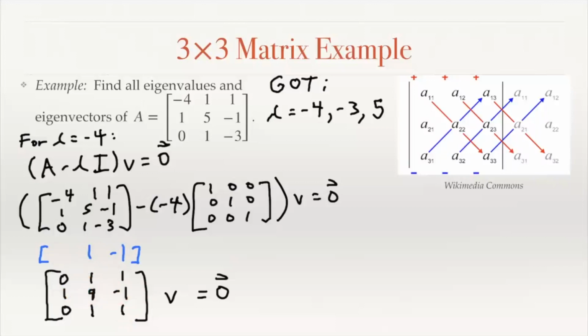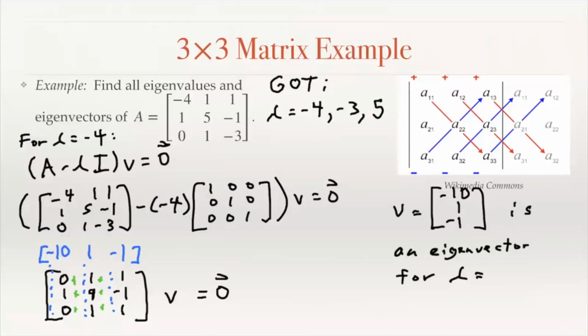And we want to get rid of that, make it a 0. If it is a sum of 10, we need to multiply this 1 here by -10. So when we sprinkle those, i.e. multiply and add across, then it works. And we have that v equals -10, 1, -1 is an eigenvector for lambda equals -4.